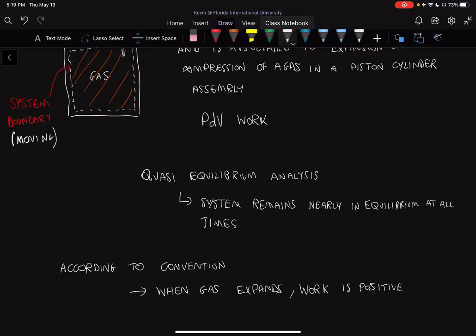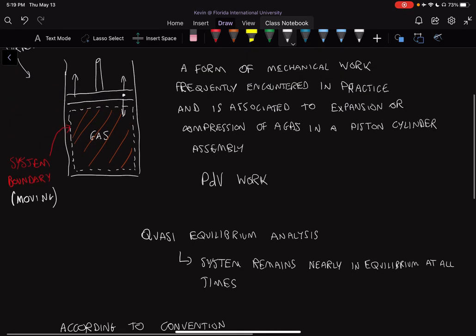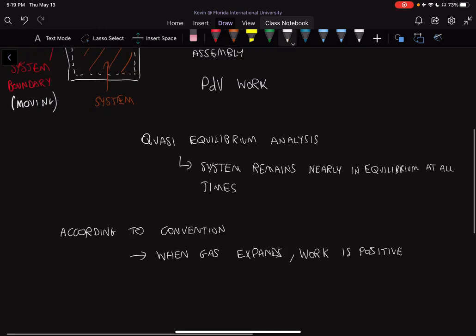What that means is if we define our gas as the system, and the system is expanding, since the work is positive, we're going to say that work is done by the system. The work is done by the system onto the surroundings. We're moving the piston up towards the surroundings. So the work is done by the system.